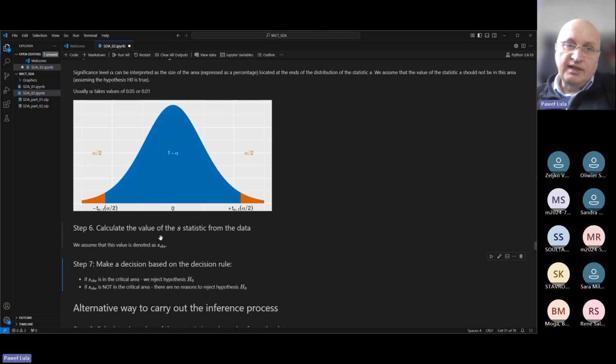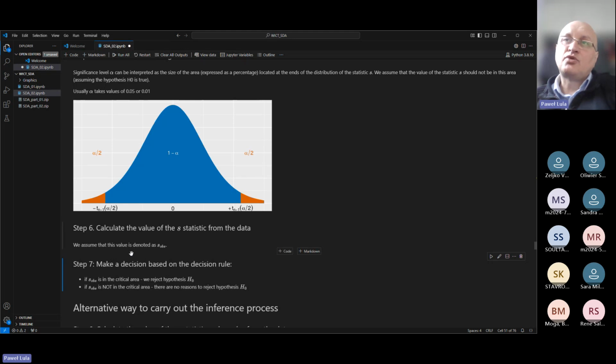It is a classical approach which we can use when we are going to perform statistical tests. So first, we should calculate these values at which these critical regions, critical areas start.